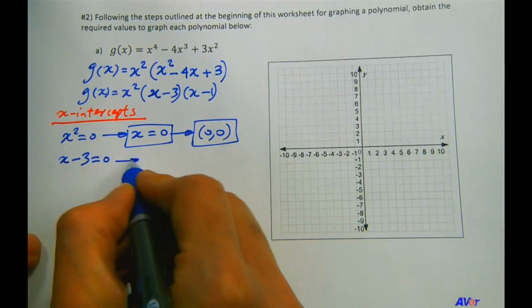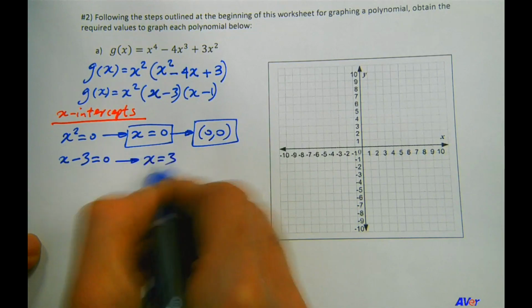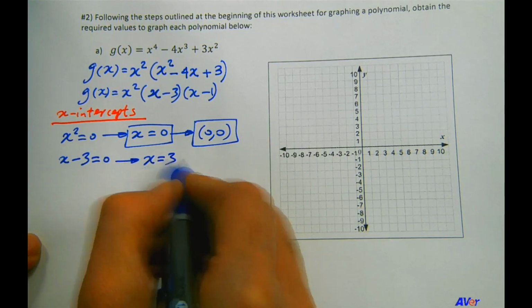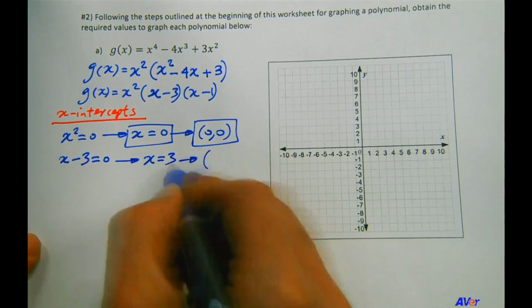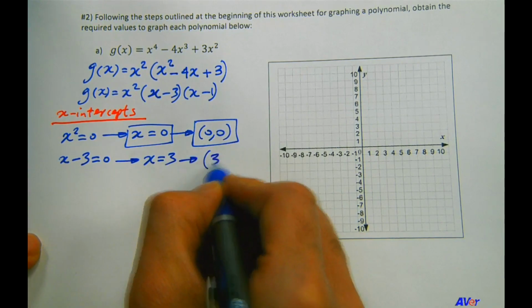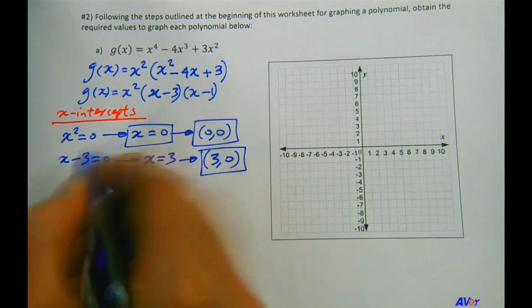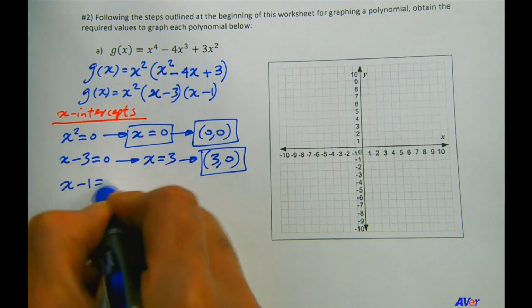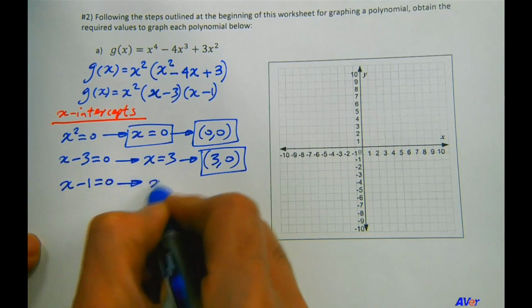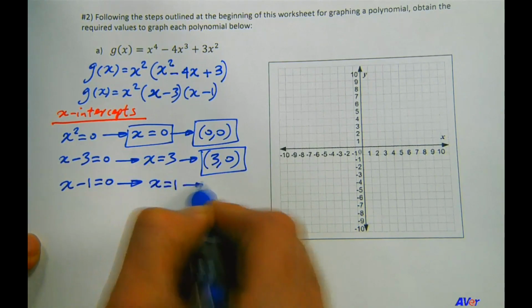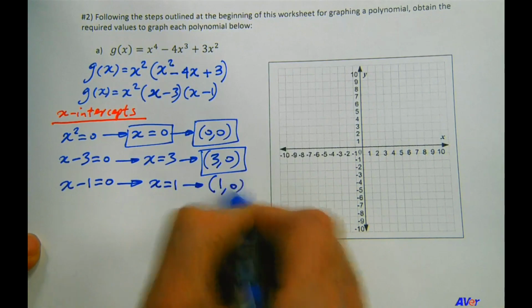X minus 3 equals 0, then x equals 3. Right? So the x-intercept at that location is 3, 0. That's another x-intercept. And that factor, x minus 1, set that one equal to 0. Therefore, x equals 1. So the x-intercept would be 1, 0.